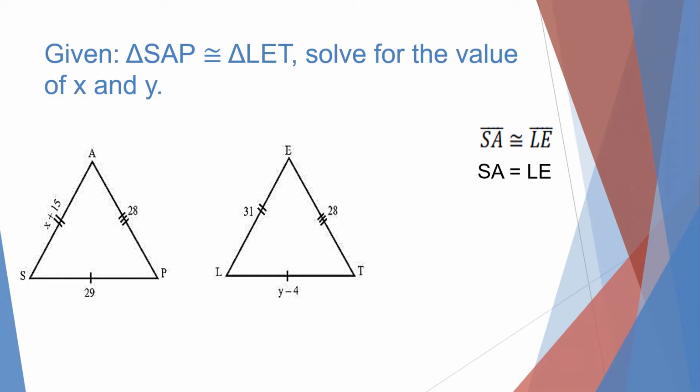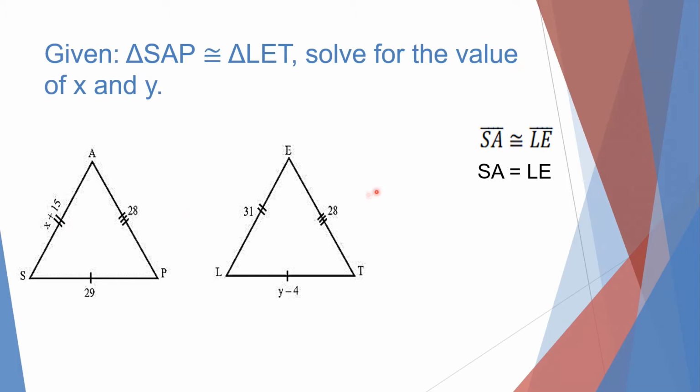Next thing to do, we apply the substitution property. When we say substitution, isa-substitute o papalit natin yung value na nandoon sa ating illustration or sa ating given doon sa ating representation na SA at LE. Ano ang representation ni SA dito sa illustration?